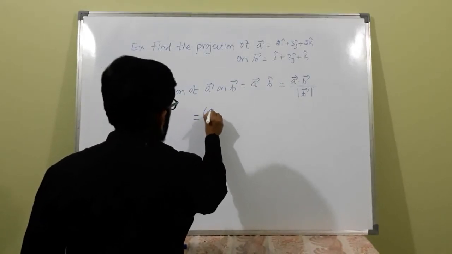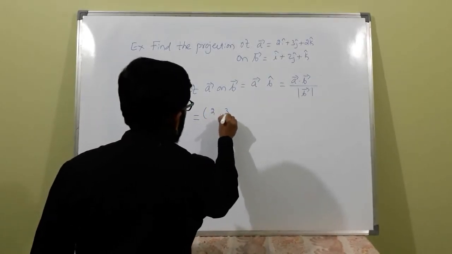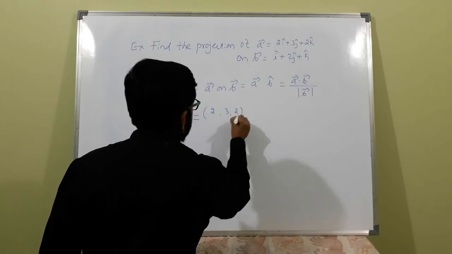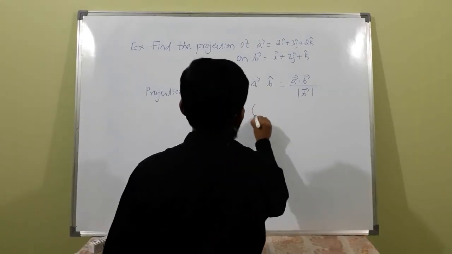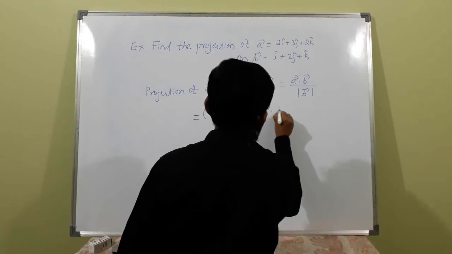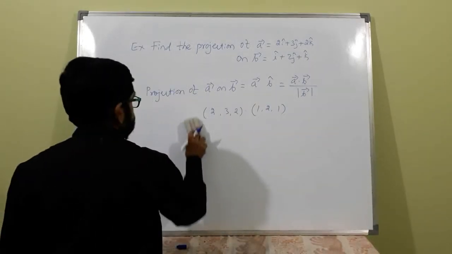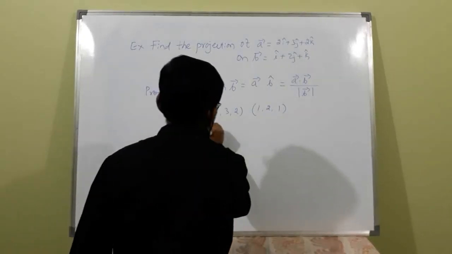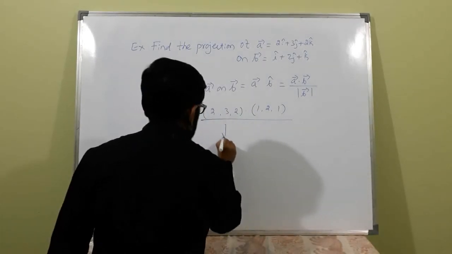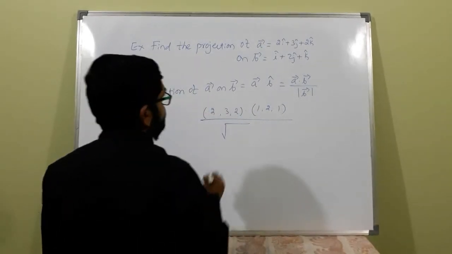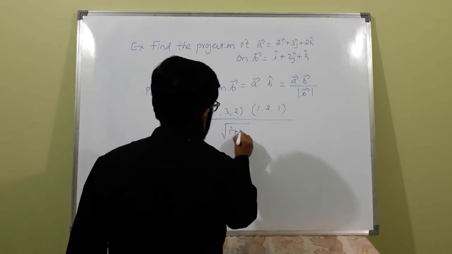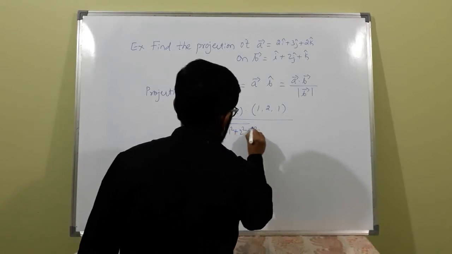That is (2, 3, 2) dot (1, 2, 1), divided by magnitude of B, which means the square root of 1 square plus 2 square plus 1 square.